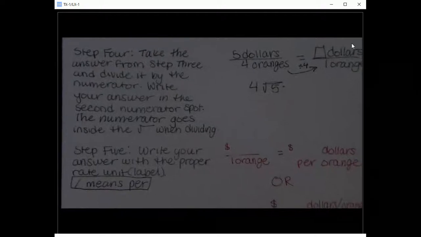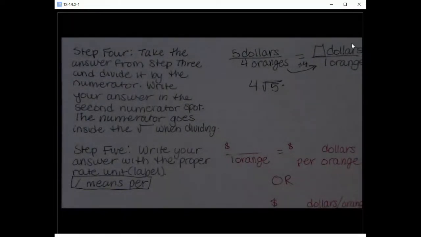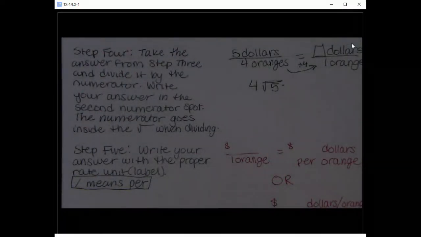Let's take a look at step 4. Take the answer from step 3, which in this case was division, and divide it by the numerator. So write your answer in the second numerator spot. When you're actually dividing, the numerator goes inside that division box, just like what we did when we were dividing fractions.